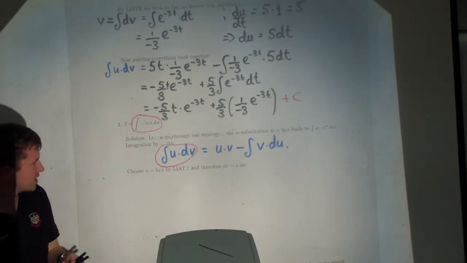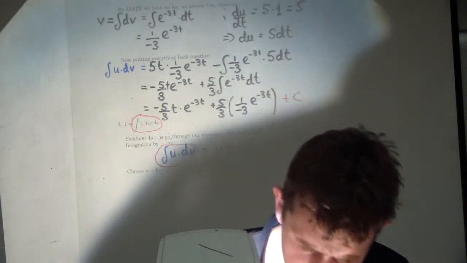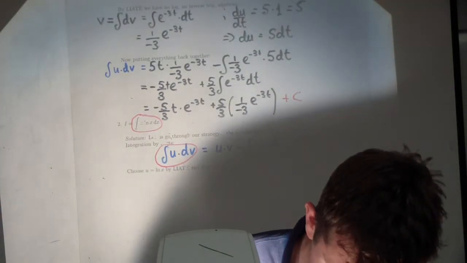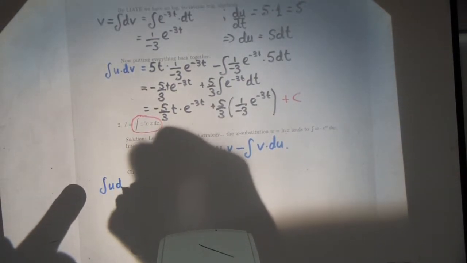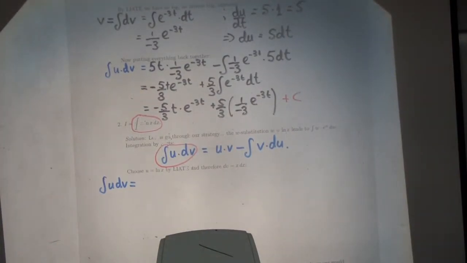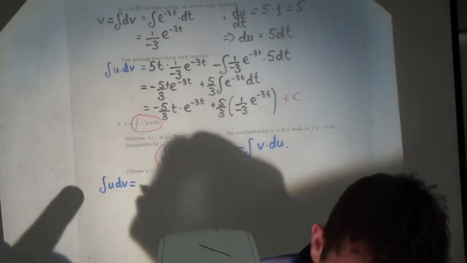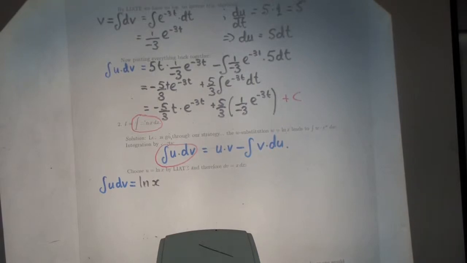Right. So we're going to do some business down the side here. So again, I'll call it u dv equals u. Have I got u? Yeah, log of x. I'll just write that down. Have I got v?